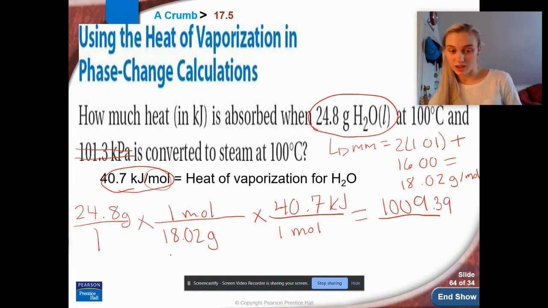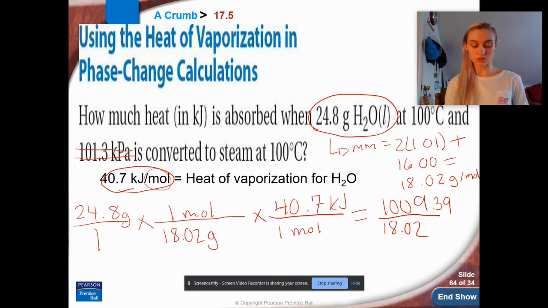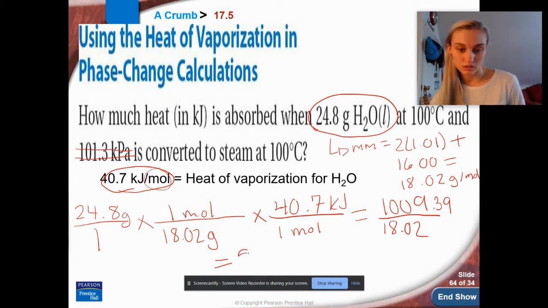If you multiply across the bottom, it's 18.02 times 1, which is 18.02. So we end up dividing those, and you end up with a final answer of 56.0 kilojoules. And that is our final answer. That was a really ugly one.